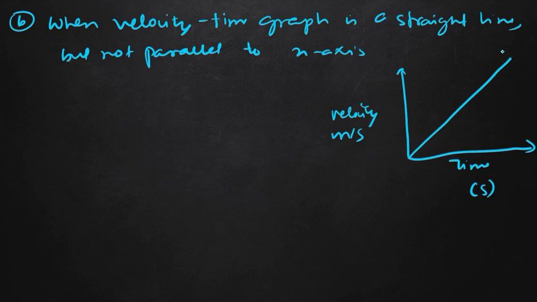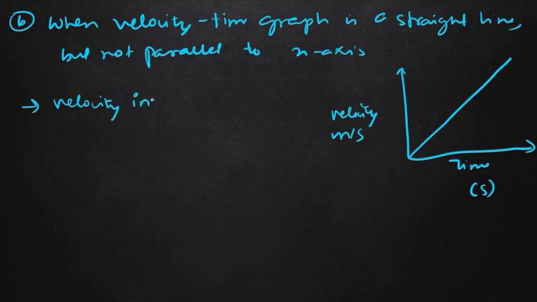So it is a straight line but not parallel to the x-axis. We can say the body starts from rest and its velocity increases at a uniform rate. Clear? So velocity increases at a uniform rate.